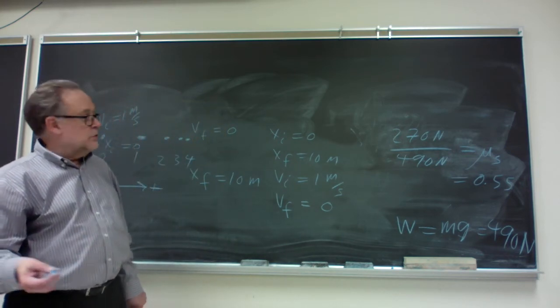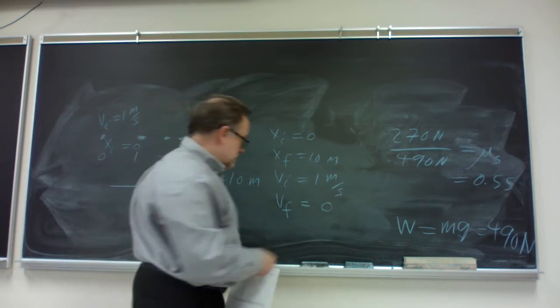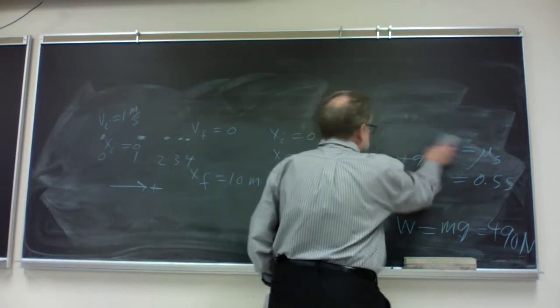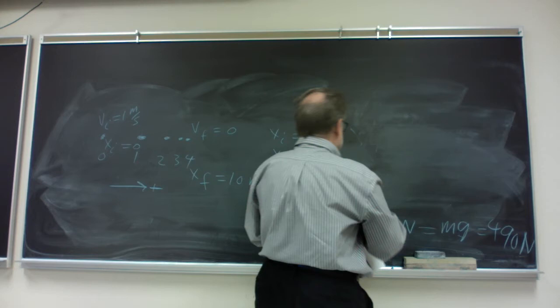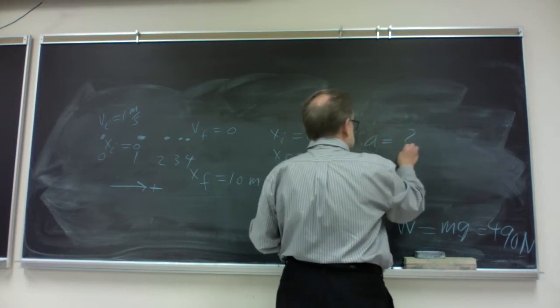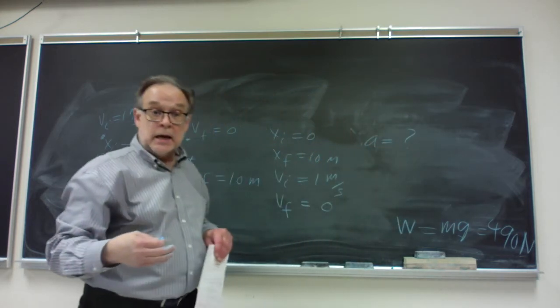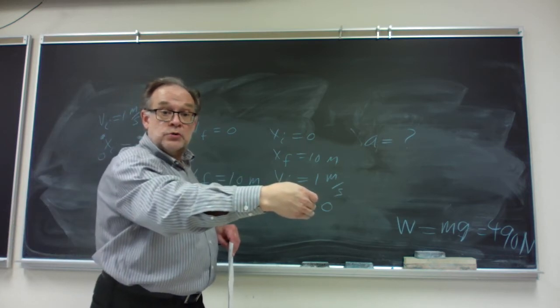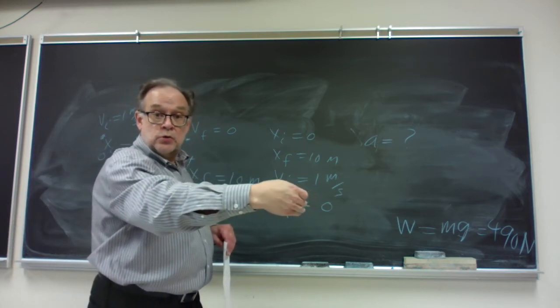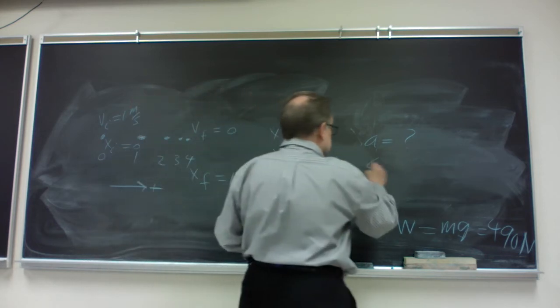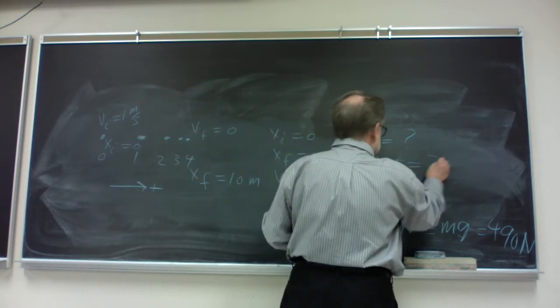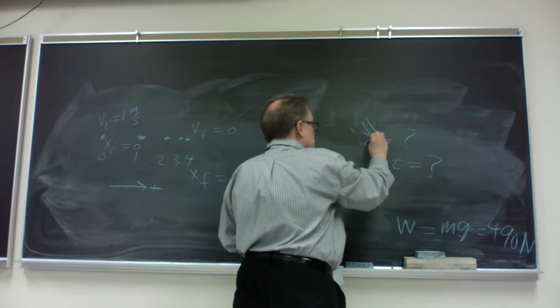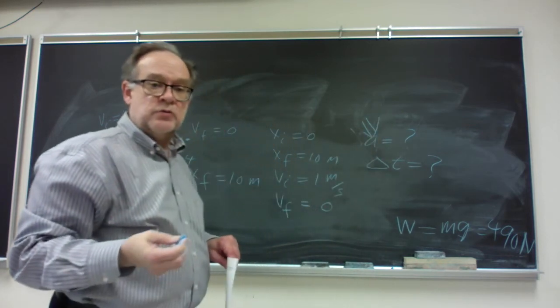We're trying to figure out the acceleration, so we don't know that yet. And we don't know how much time it took for the stone to travel those 10 meters and slow down to a stop. Acceleration is what we're trying to find.